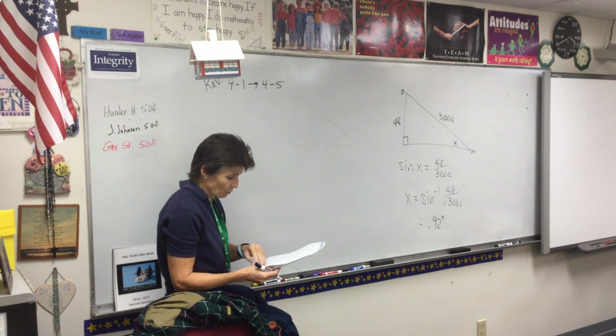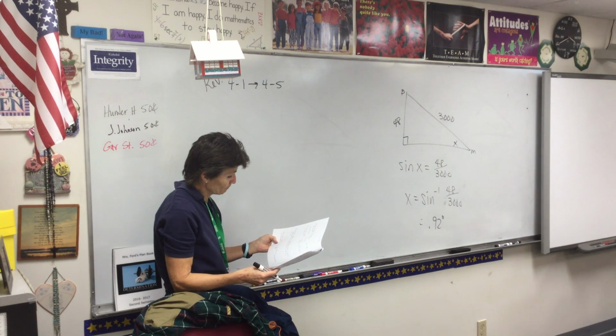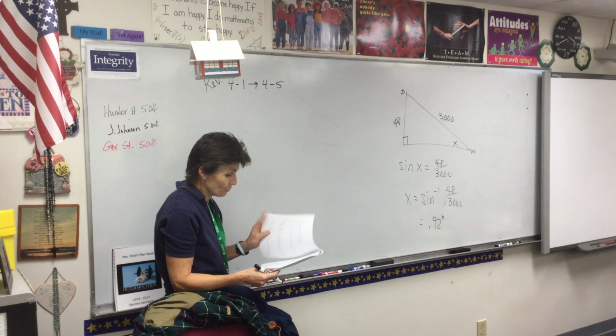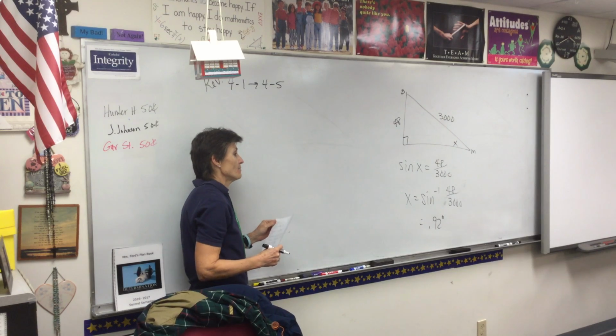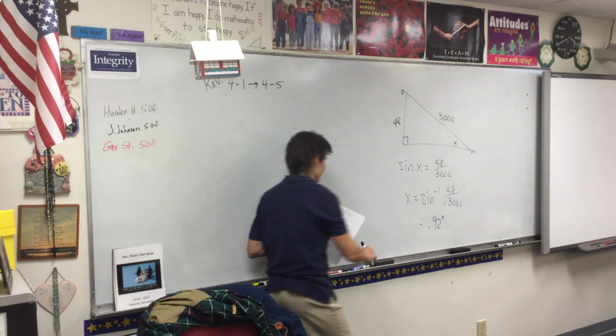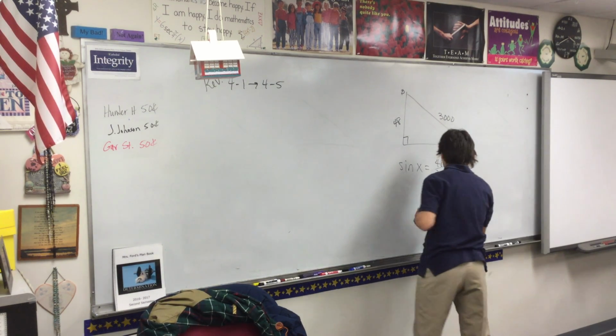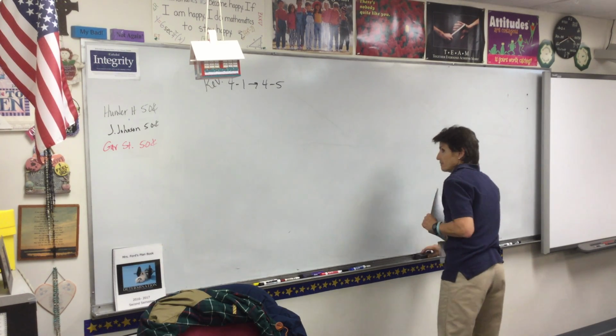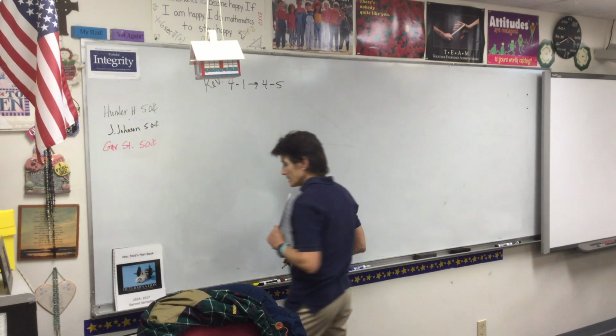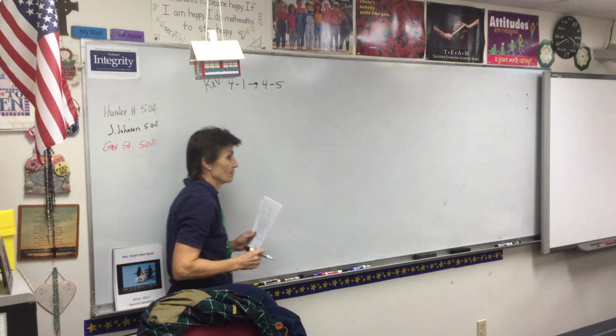And when I wrote this worksheet, I didn't separate it into 2. So some of the problems have stars next to them, and the star means use a calculator. So if there's no star next to the problem, it's a no calculator problem. If there is a star, then we're going to need to use a calculator.